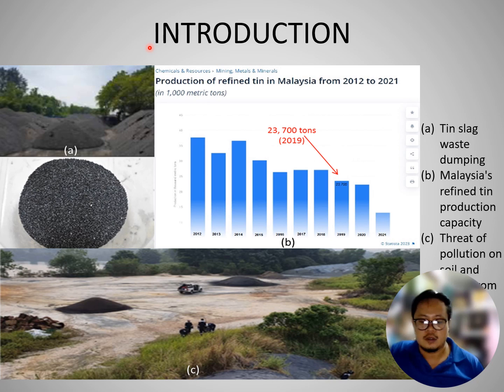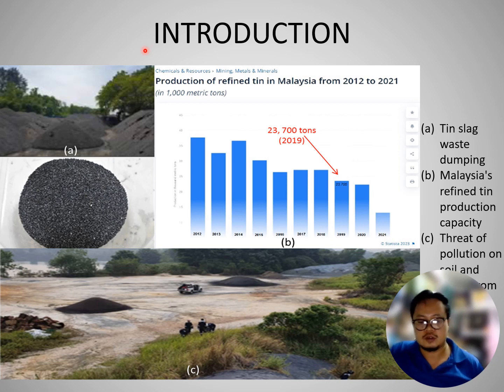So from that amount of refined tin, we can imagine that the tin slag waste is usually much more than that. Right now, tin slag is dumped in a controlled area, although there are people who look for it for rare earth material extraction such as niobium and tantalum, but the cost is too high, which makes most of the tin slag remain in the dumping area.